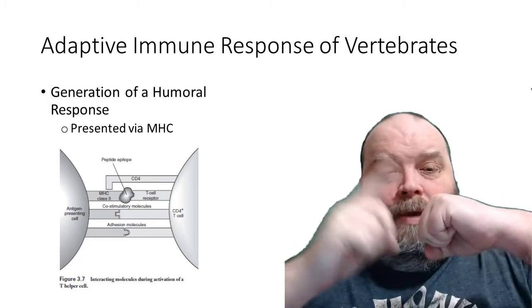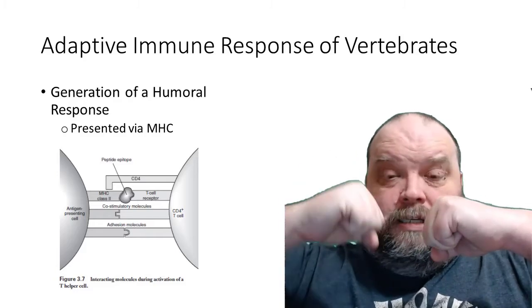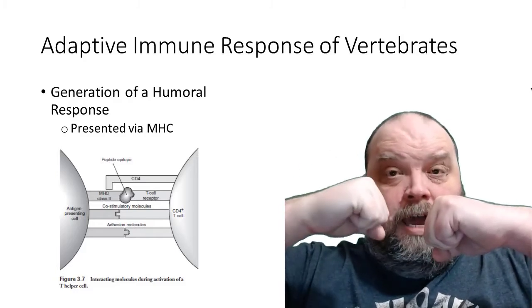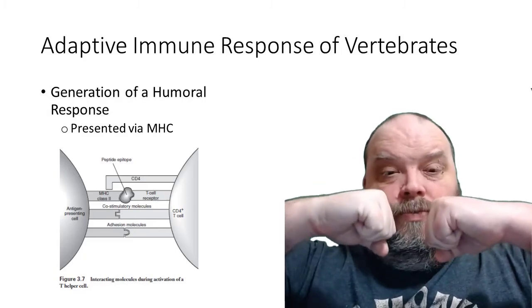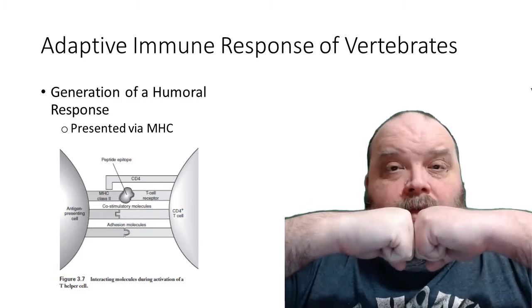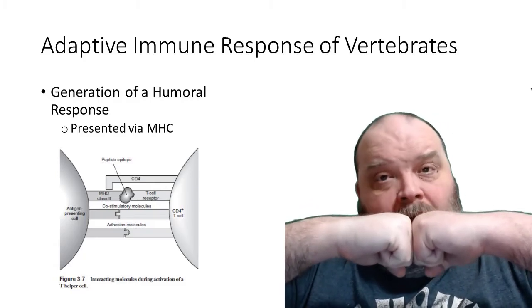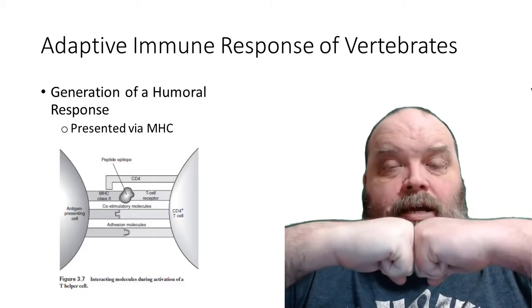But if the epitope inside the MHC cleft is something the T cell receptor can recognize, it's specific for MHC, T cell receptor, interact, then the epitope, which can now interact with the T cell receptor, stabilizes that interaction.